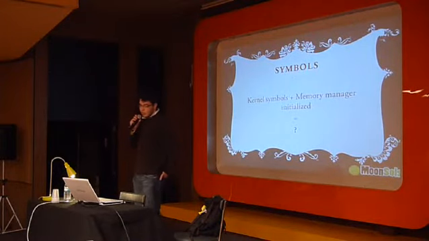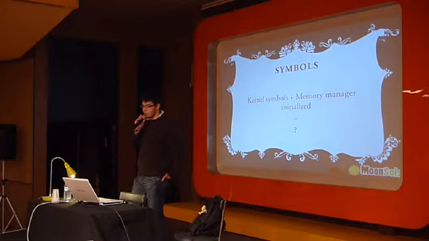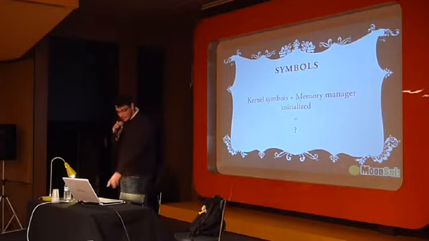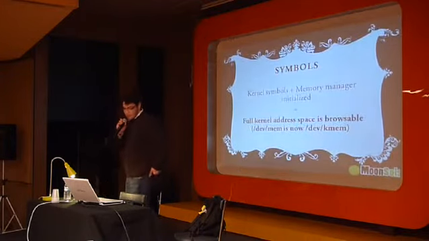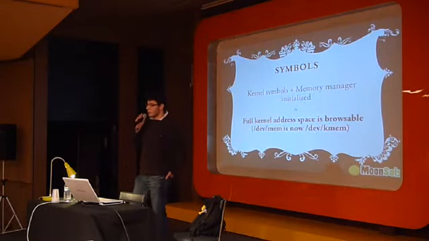So now we have the kernel symbols plus the memory manager, which is initialized. Do you remember what the first step was? So, from now, we can browse the full kernel address space.